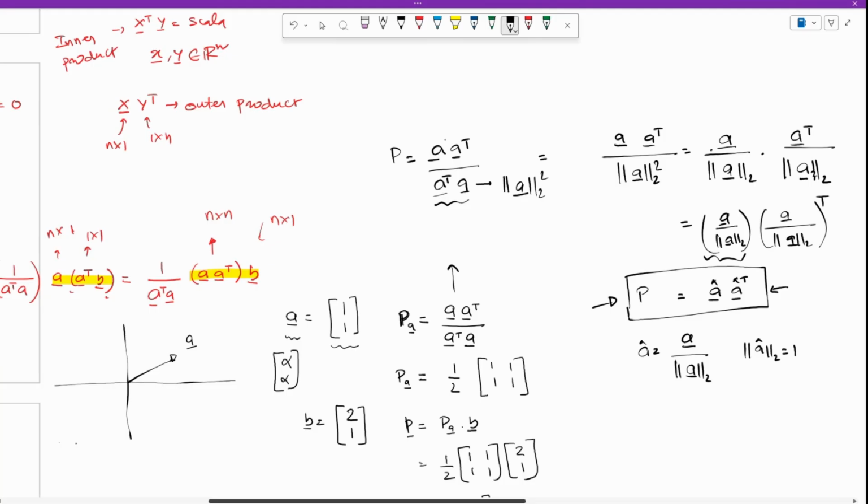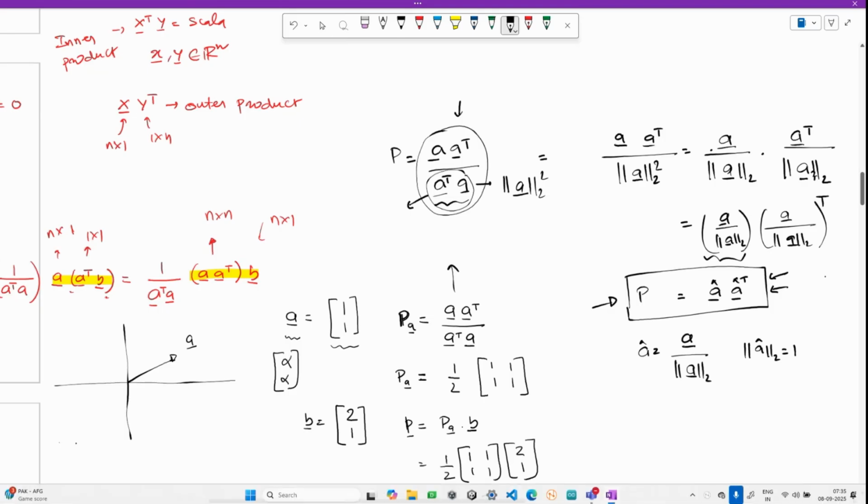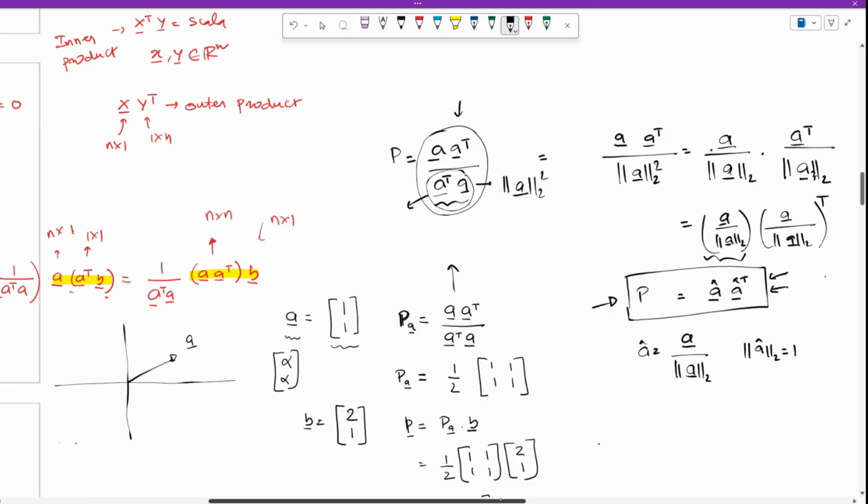If the vector you've taken is not of unit length, you have to have the denominator term, which accounts for the fact that the vector is not of length 1. So the main thing to remember is, take a vector of Euclidean length 1 from that subspace, do the outer product, and you get the orthogonal projection matrix.